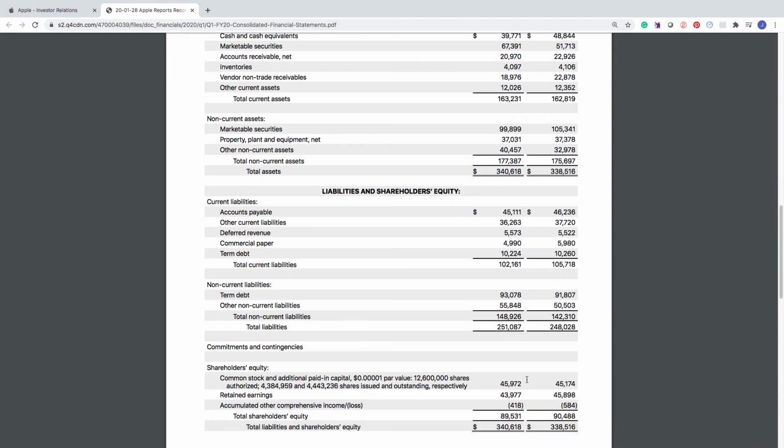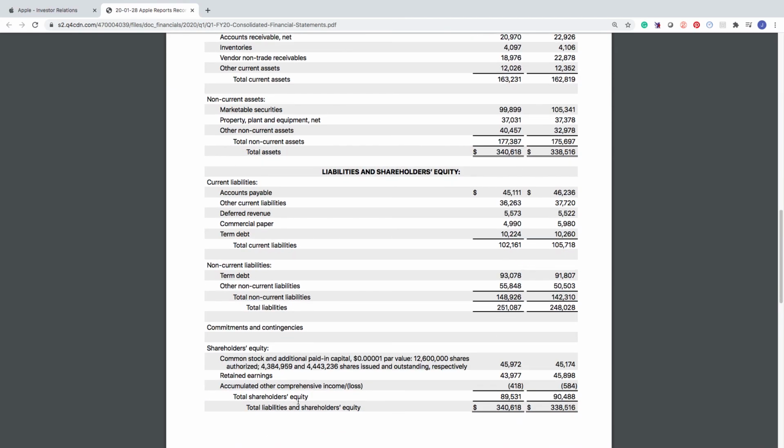Now, if we talk about the total equity of the company, or the total net worth of the company, which is 89 billion, this gives us a very good sense of what Apple's accountants value the business at. So this total equity number gives us a sense of the company's net worth. Or if a competitor or any random company came out and said, okay, we want to buy Apple, what would it cost them?